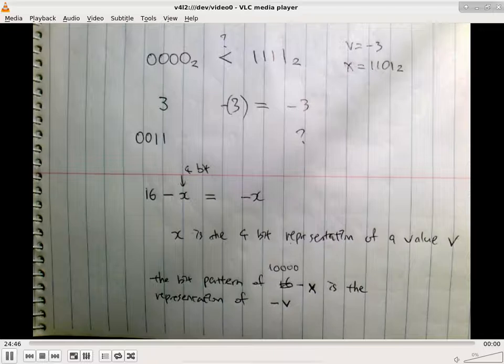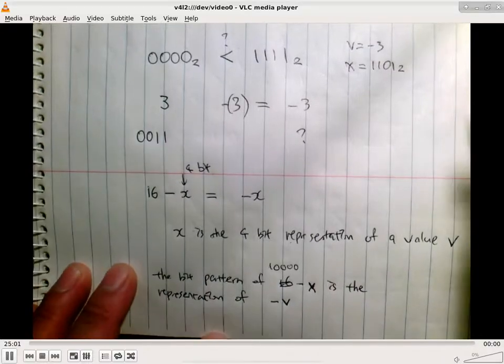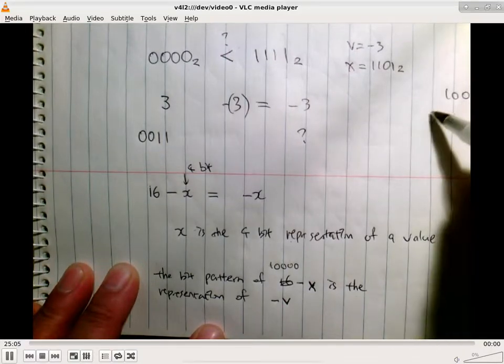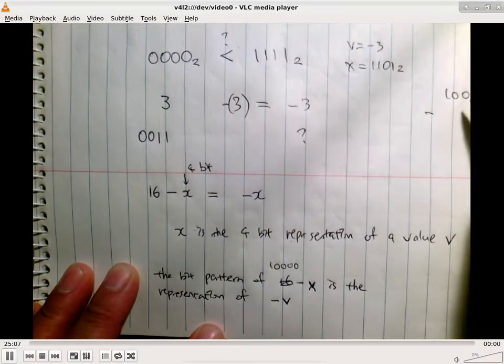Is that okay? So now we say, what about the negation of -3? What is the arithmetic negation of -3? Just 3 itself, right? So we want to see whether this works or not. Now we do this calculation: 1 followed by 4 zeros minus the representation of -3, which is 1, 1, 0, 1.